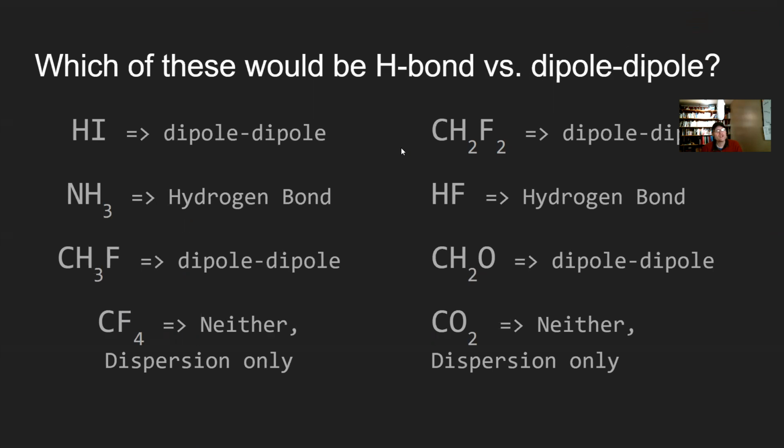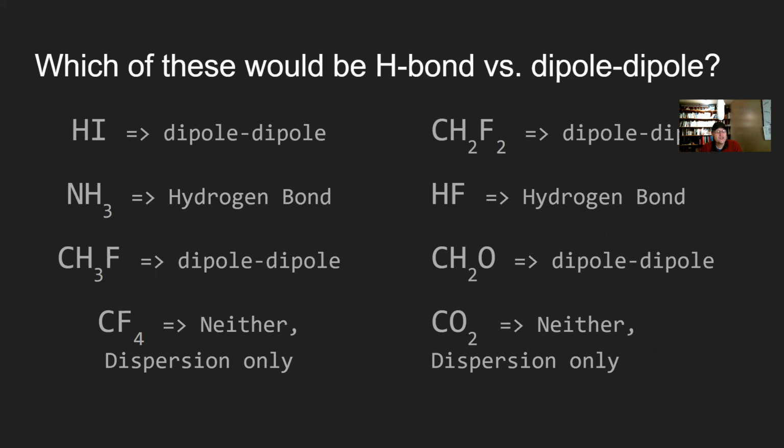So taking a look, hydrogen iodide would be a dipole-dipole attraction. If you drew out the Lewis structure, you would find that it was a linear molecule that has just a binary connection, just hydrogen to iodine directly, making a negative dipole around the iodine.